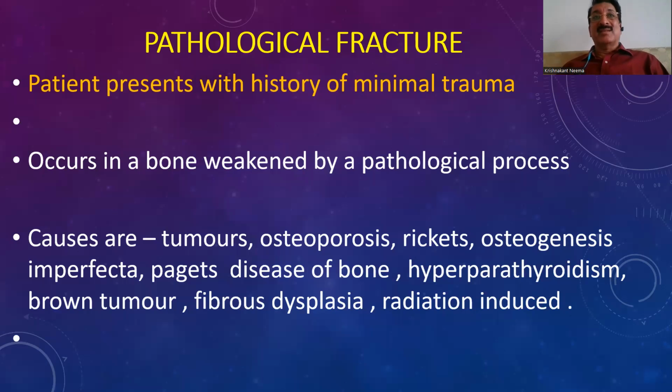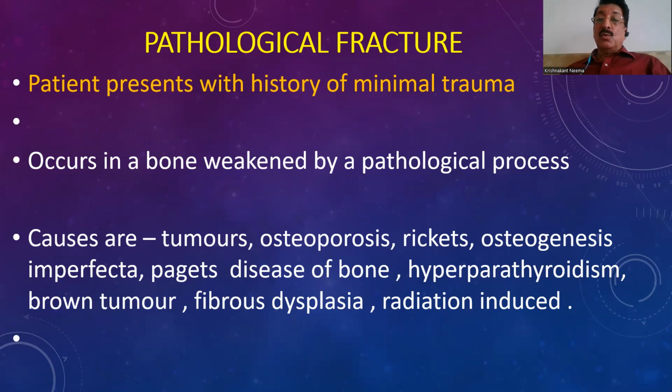Then that should raise a suspicion in your mind whether it is a pathological fracture. That means this fracture has occurred not in a normal bone, but in a bone which has already been weakened by some disease process.